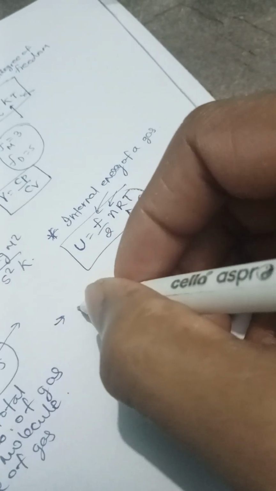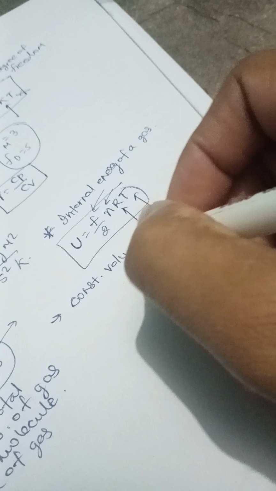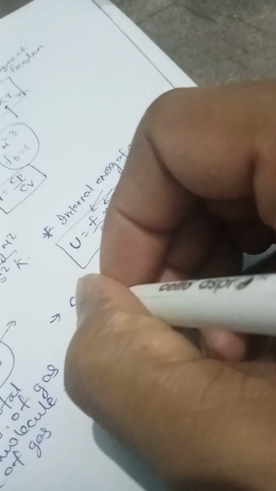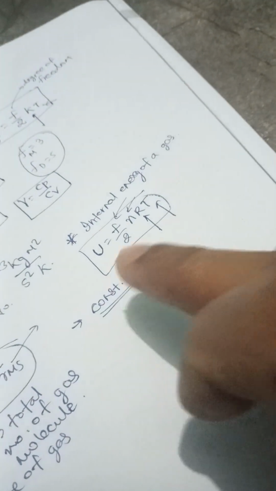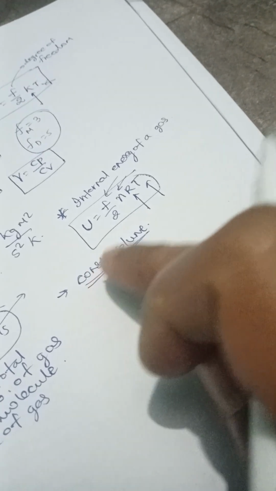Now, if we take the condition of constant volume, this will be written in the question's language, that the condition given is constant volume.